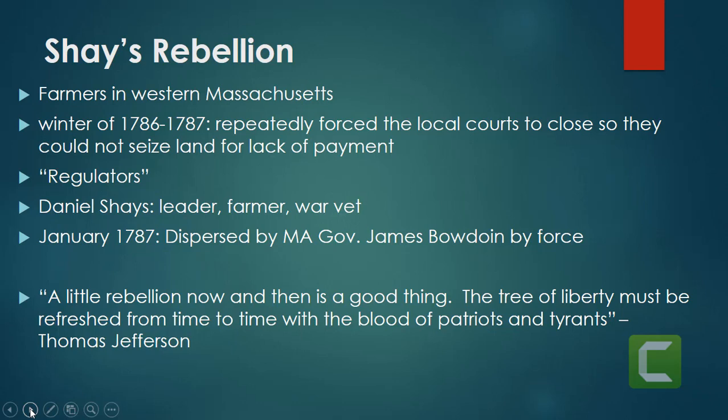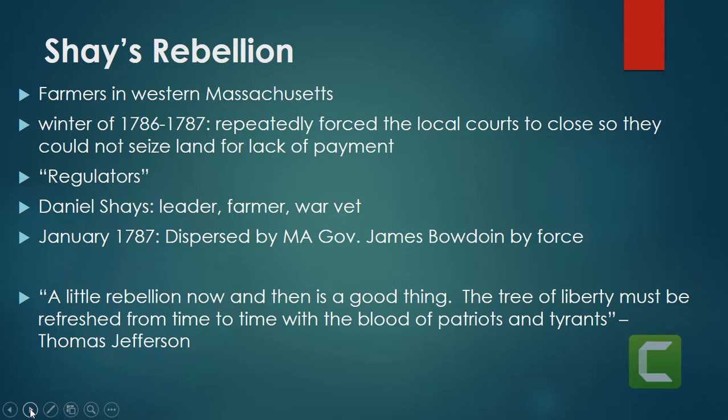They call themselves regulators as a local movement. And that term had been used before, actually, in a similar incident in the western part of the Carolinas as well. But they call themselves regulators because they see themselves as standing up for the little guy, standing up for the small farmer.